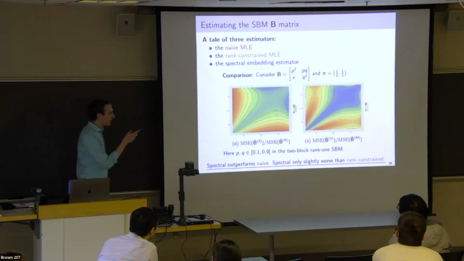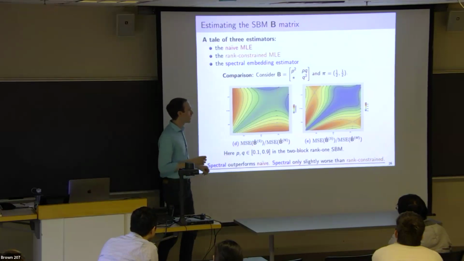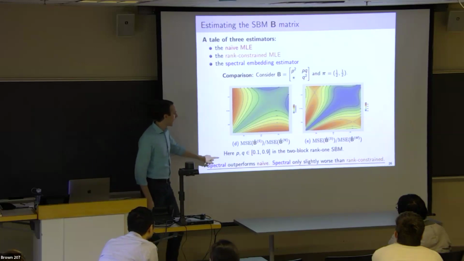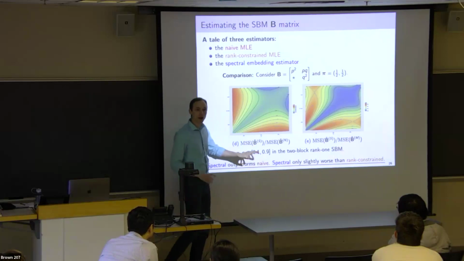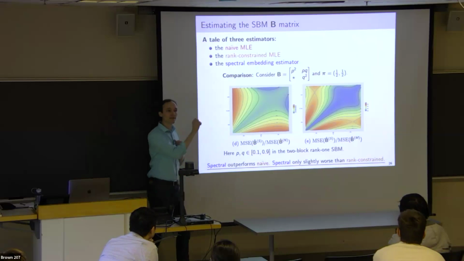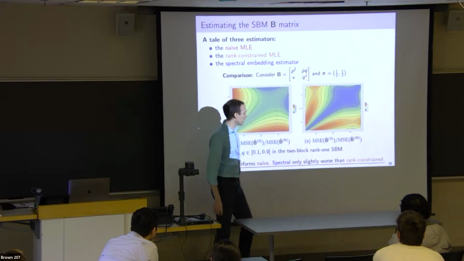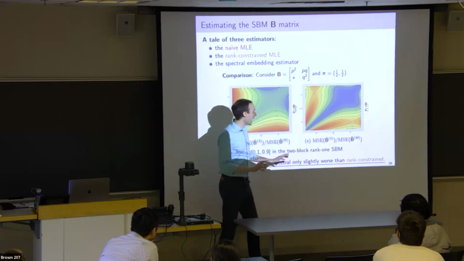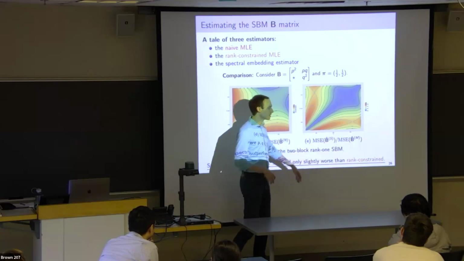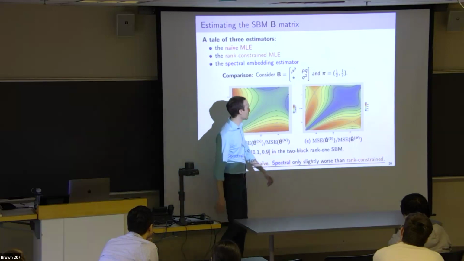In the Bernoulli paper, we look at the ratio of mean squared error for these different estimators, and we find, quite interestingly, that spectral outperforms the naive, the unconstrained likelihood-based estimation, on the basis of asymptotic variance, and is only slightly worse than the rank constrained. And we have to be no better than the rank constrained, because the rank constrained likelihood is taking it into account. What's nice is that we're not too much different.